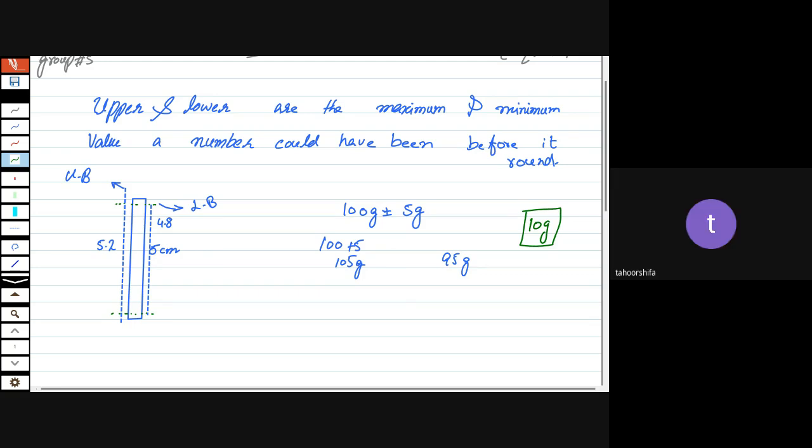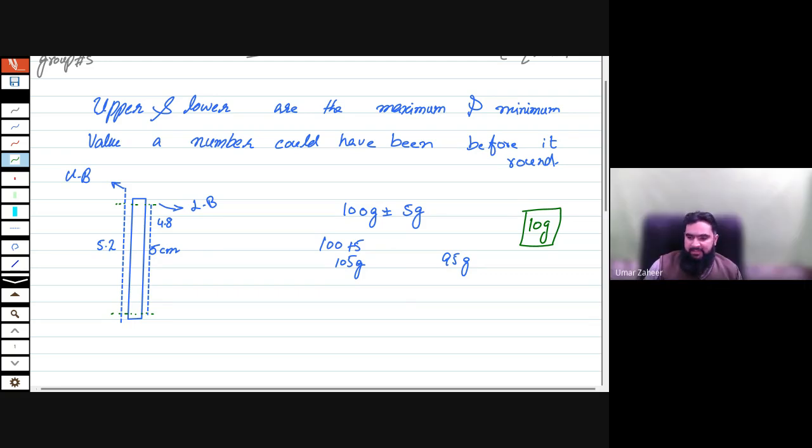When you have to find the upper bound and the lower bound, it is going to be near to 10 grams. So what you have to do is divide it by 2. You are going to get 5. You have to add 5 in the main equation and subtract 5 in the main equation.